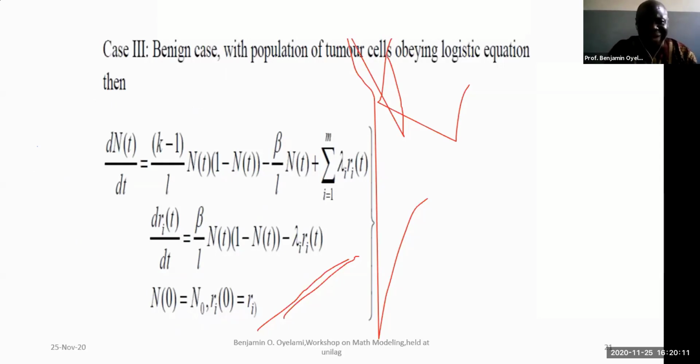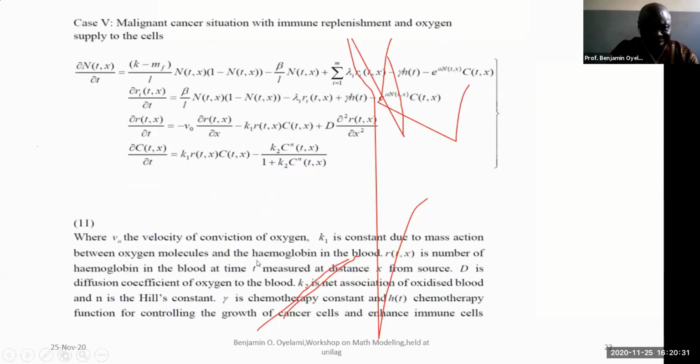But this is another case of the benign case, when that G is obeying some logistic equation. This G of N can also take Gompertz's representation. And then we come on with that.